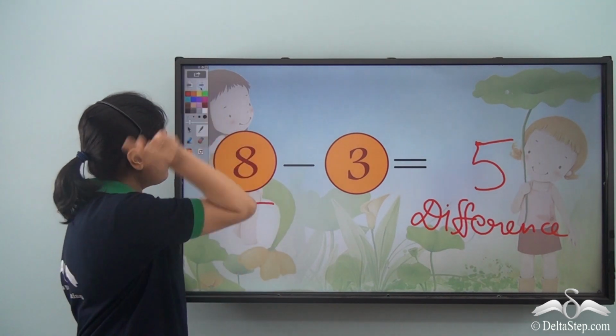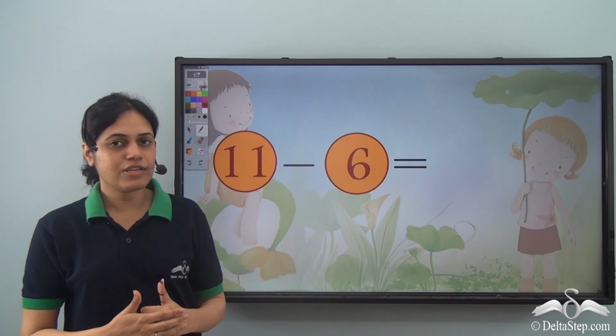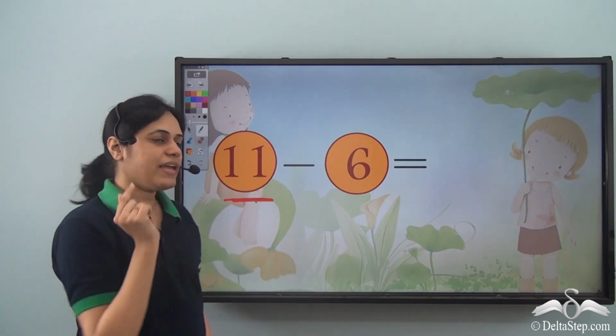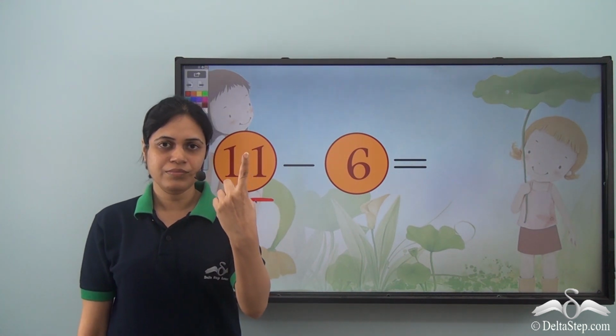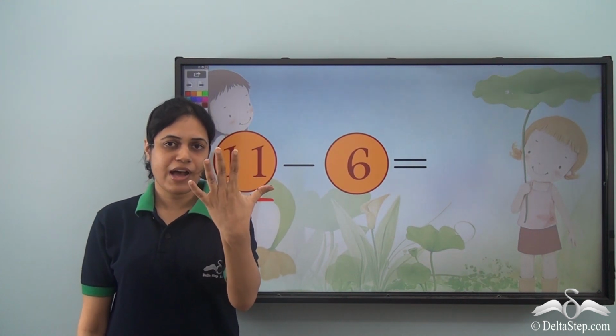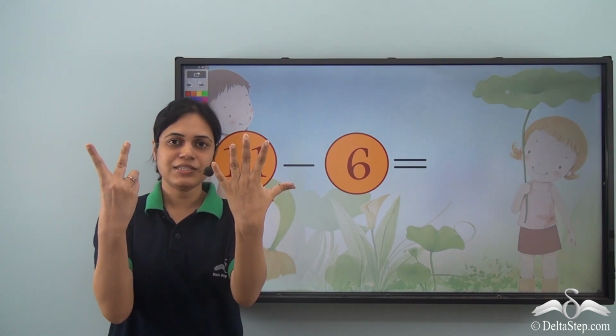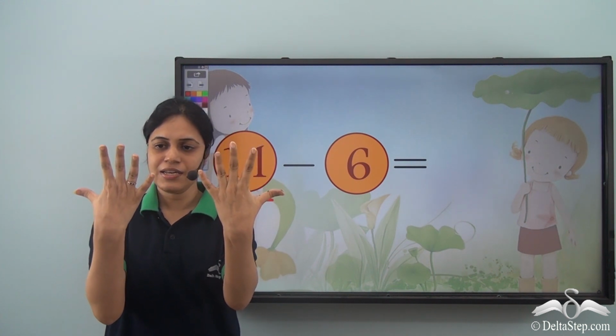Now let us try one more problem. 11 minus 6. So first I need to open these many fingers. Let's try it out. 1, 2, 3, 4, 5, 6, 7, 8, 9, 10.